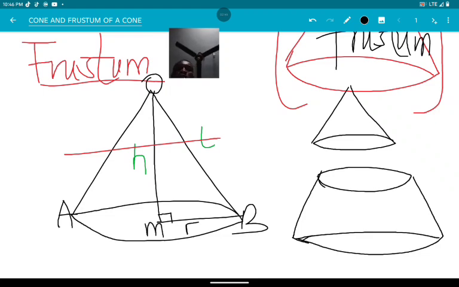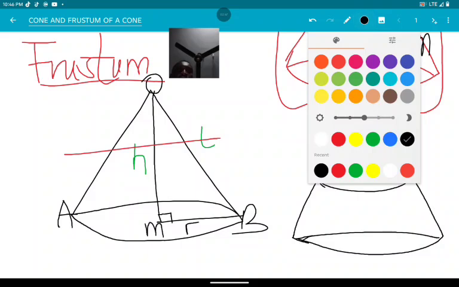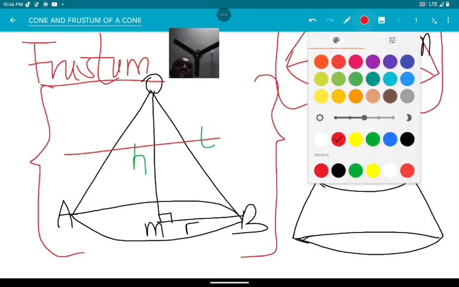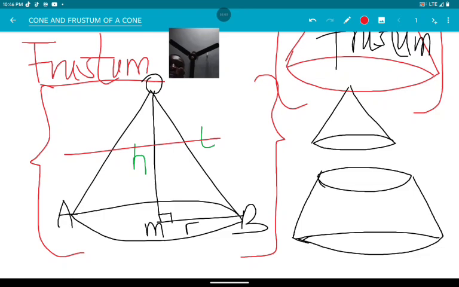Coming back to the diagram on the left-hand side, the one in the curly bracket is the bigger cone, the full cone. I'm going to use capital letters to represent all the dimensions here.